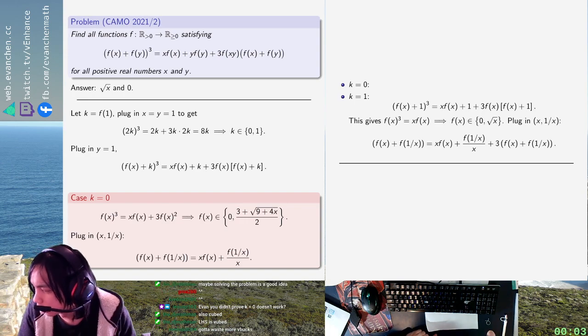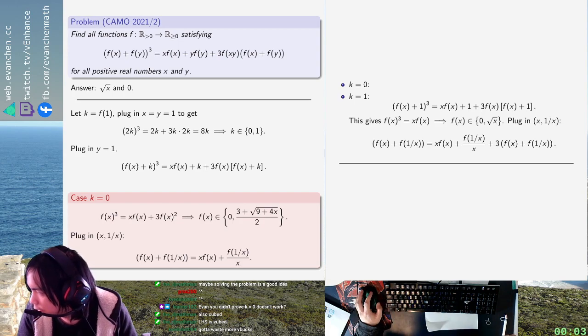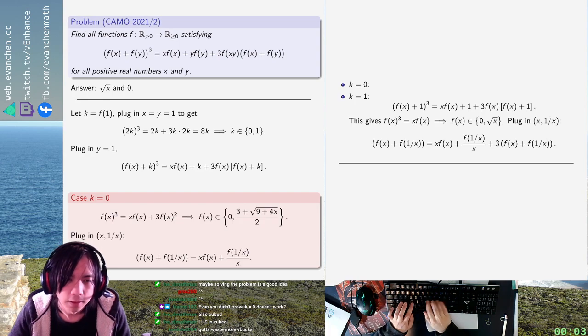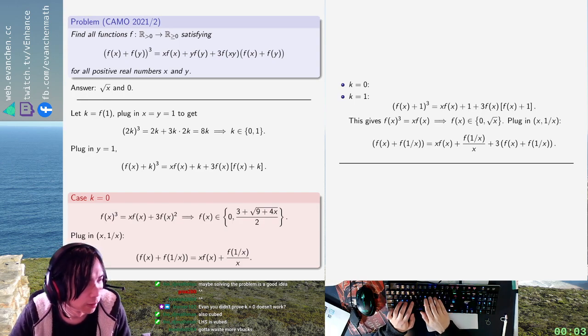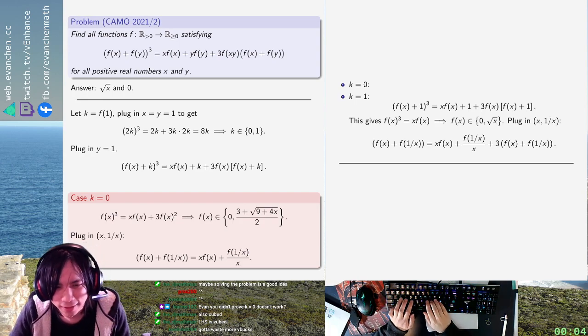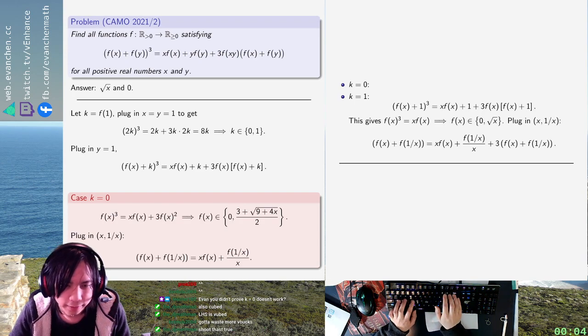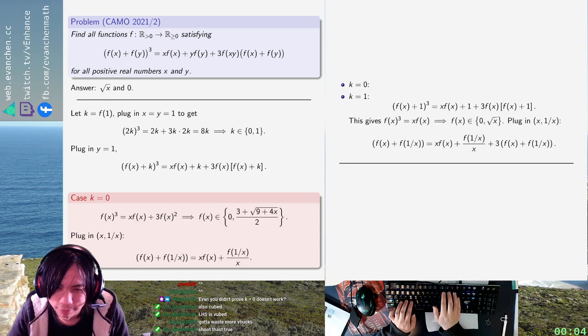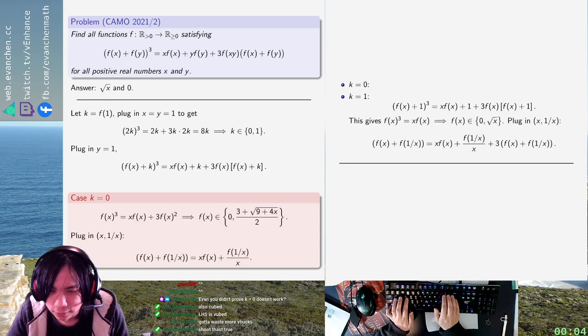Well, if either one is 0, what happens? It implies f of x equals x, which it's not. Does that thing have any fixed points? If either one is 0, then for some y, then for t in x comma 1 over x, we get 3 plus 9 plus square root 9 plus 4t over 2 equals t.